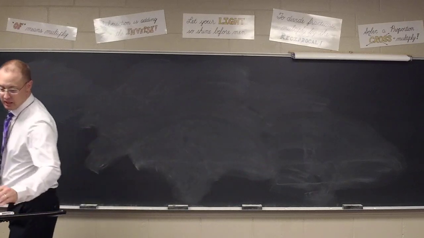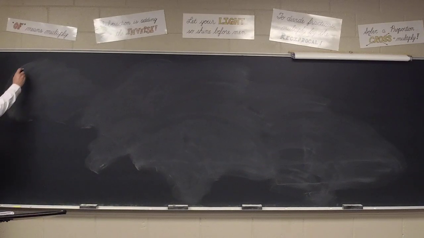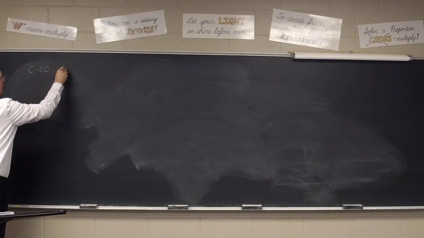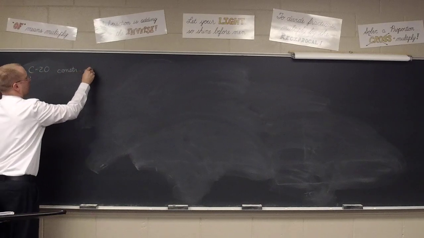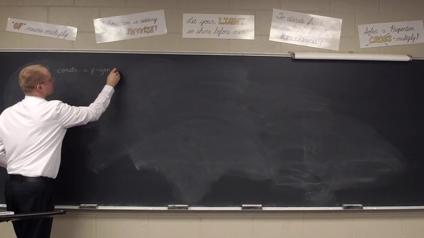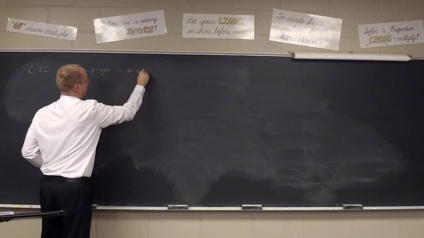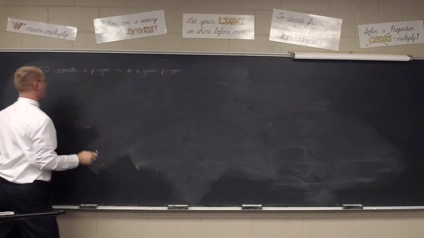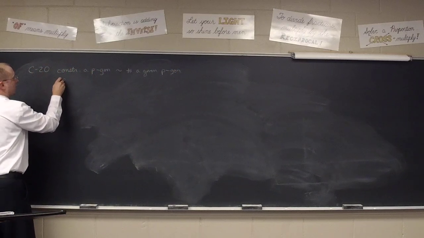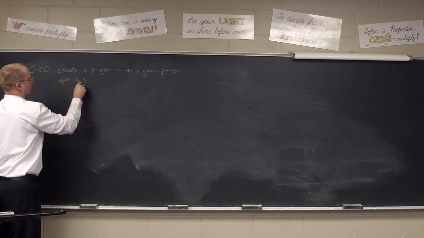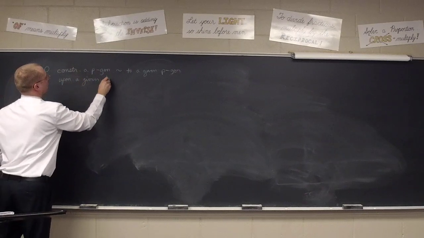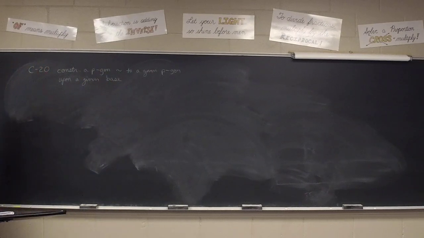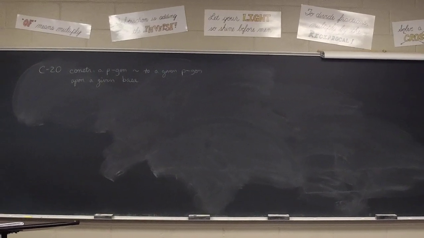Construction number 20 is to construct a polygon similar to a given polygon upon a given base. Construct a polygon similar to a given polygon upon a given base.